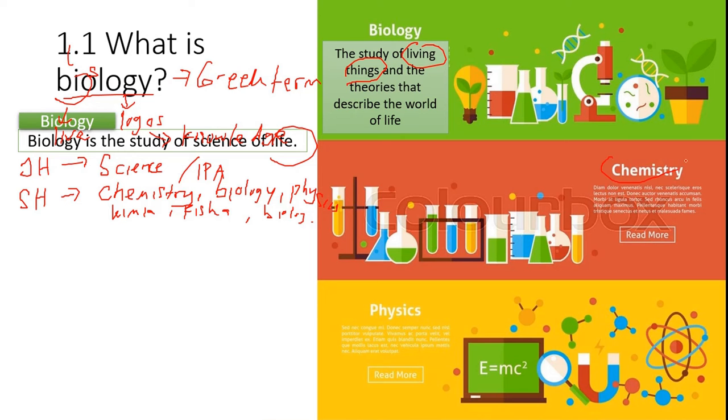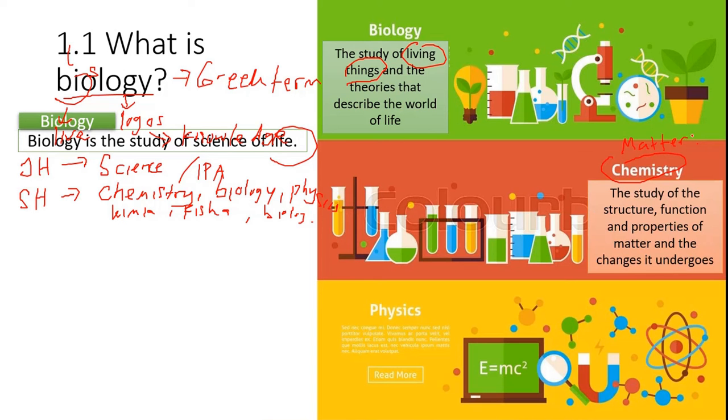Actually, chemistry learns about matter, also known as non-living things. Chemistry is the study of the structure, function, and properties of matter and its change. How about physics? Physics also learns about matter, but not only matter, it also learns about energy and the relationship between matter and energy.